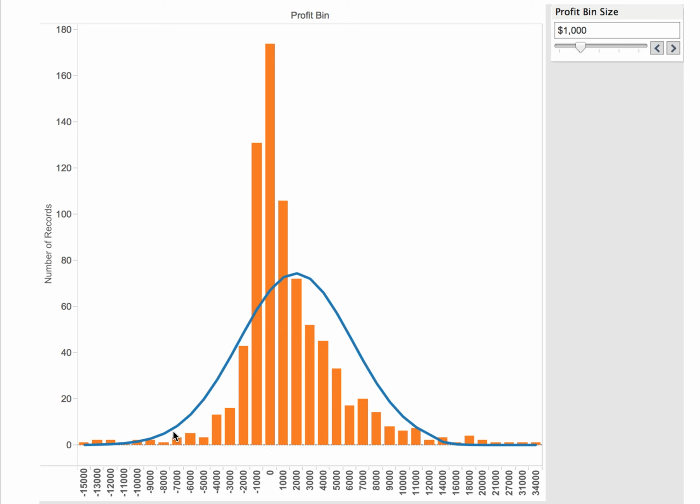The customers to the left are negative profits or losses, and the customers to the right of zero are increasingly large profits or profitability for us. So this zero has a lot of people in it. And that's the first interesting thing I saw.